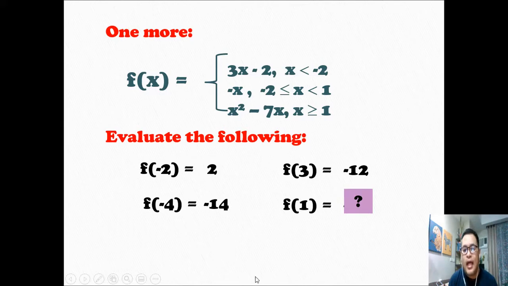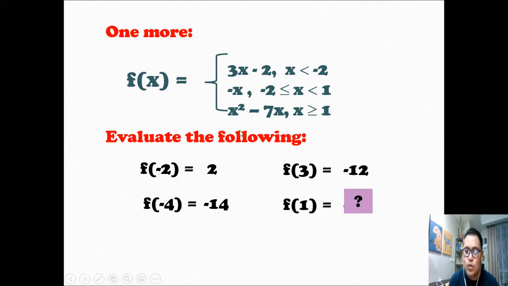Very good. And the last one, f(1) is equal to, okay, 1. Again, where will you substitute? Is it x greater than or equal to 1? x is greater than or equal to negative 2? Or x is less than 1? Or x is less than negative 2? So where will you substitute 1? Okay, correct. x squared minus 7x, because x is greater than or equal to positive 1.